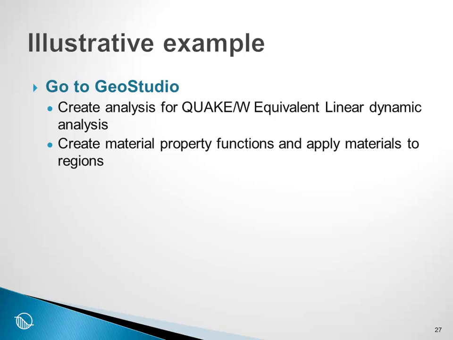So now that we have noted the types of information that we need for a dynamic analysis, a QUAKE/W equivalent linear type of analysis, we can go back to GeoStudio, create these material properties, and apply them to the regions.